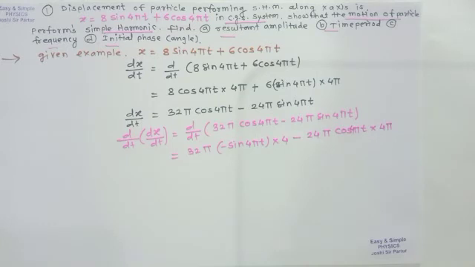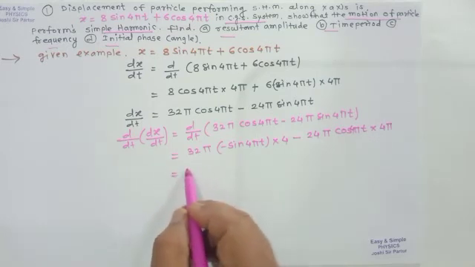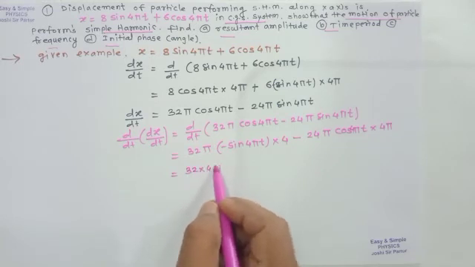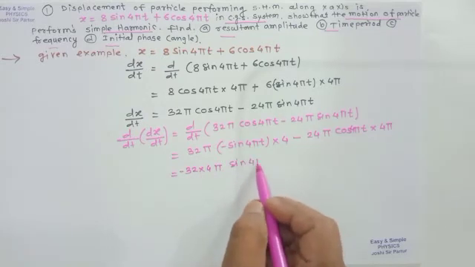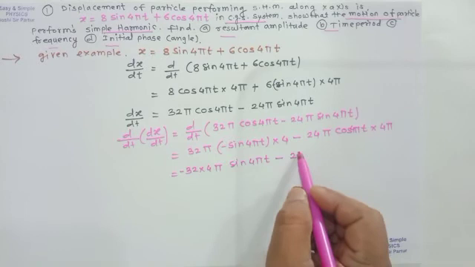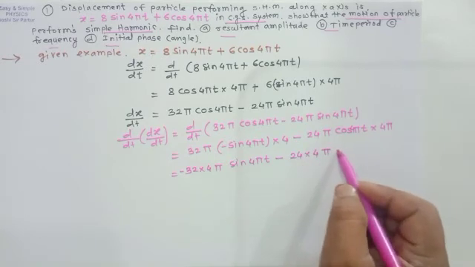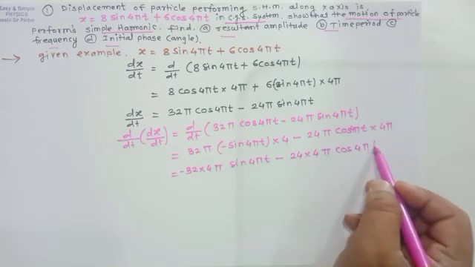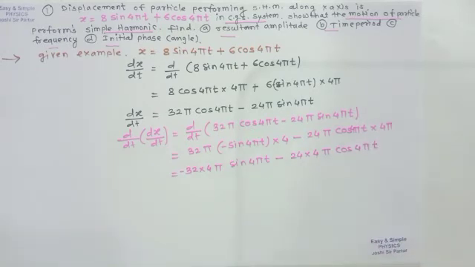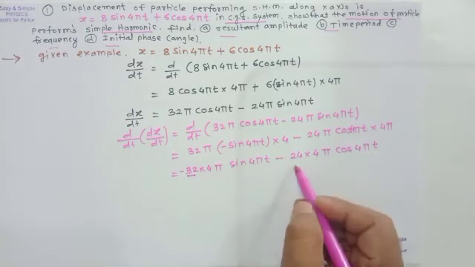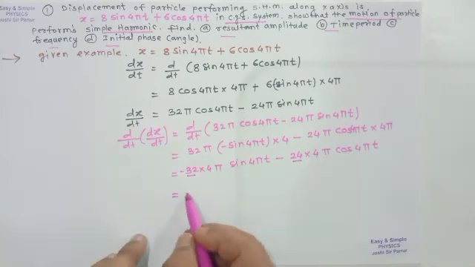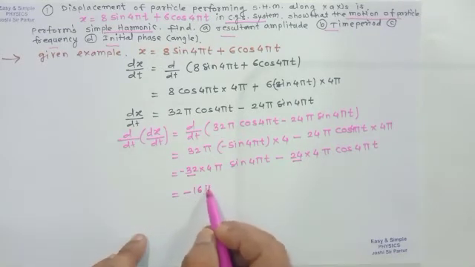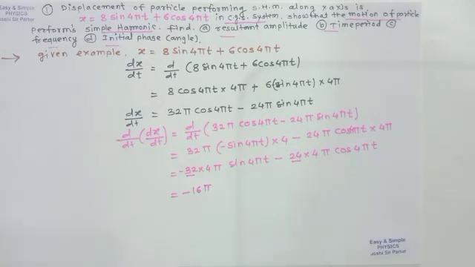So here we can write 32 into 4 pi minus sine of 4 pi t minus 24 into 4 pi cos of 4 pi t. In this case 4 multiplied by 4 pi, 16 pi is common, so minus 16 pi.